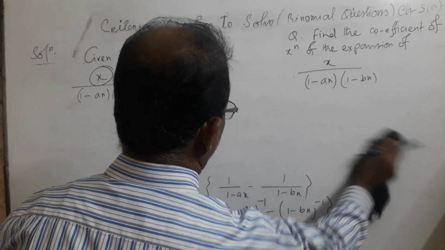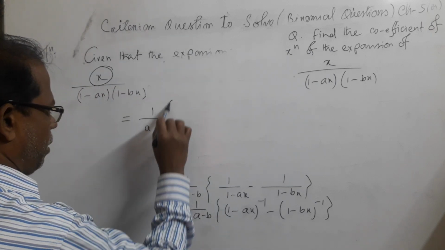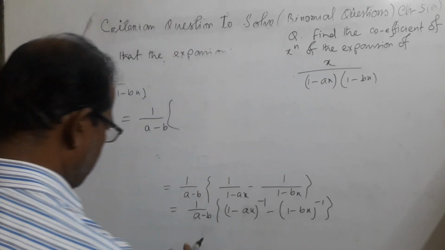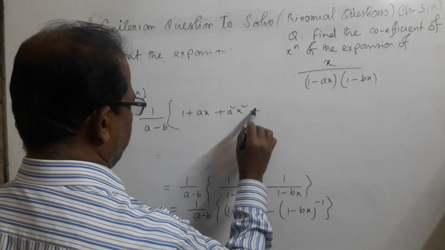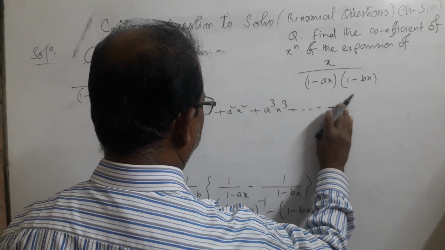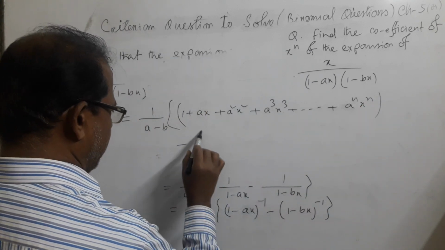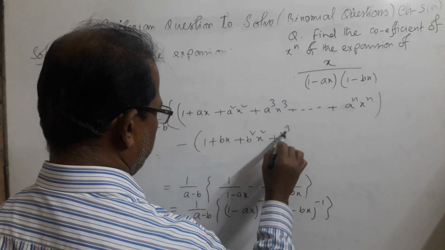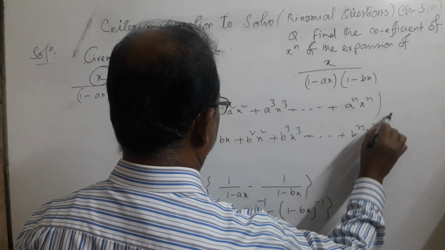Now that is equal to 1 by a minus b times the series 1 plus ax plus a square x square plus a cube x cube plus up to a to the power n x to the power n, minus 1 plus bx plus b square x square plus b cube x cube plus up to b to the power n x to the power n.